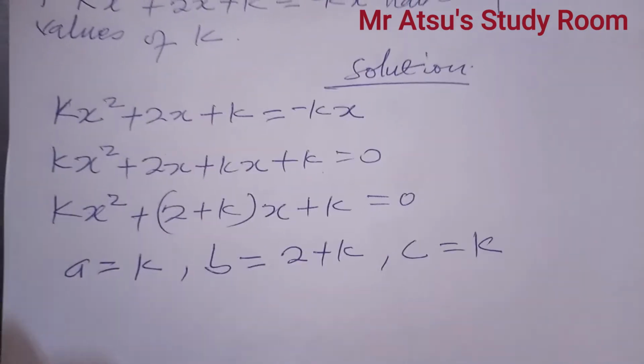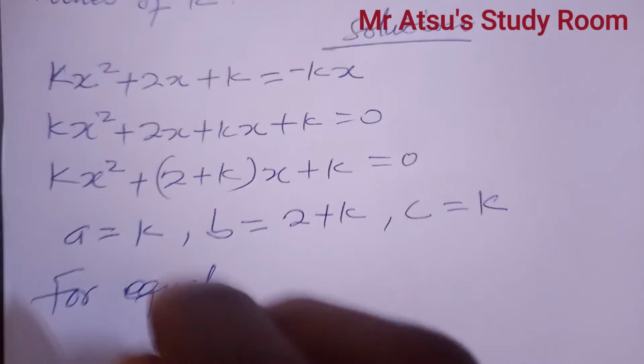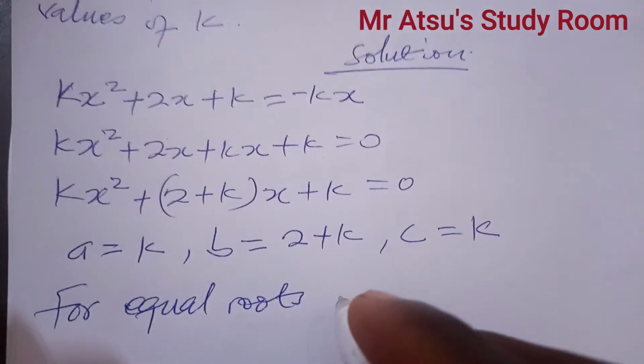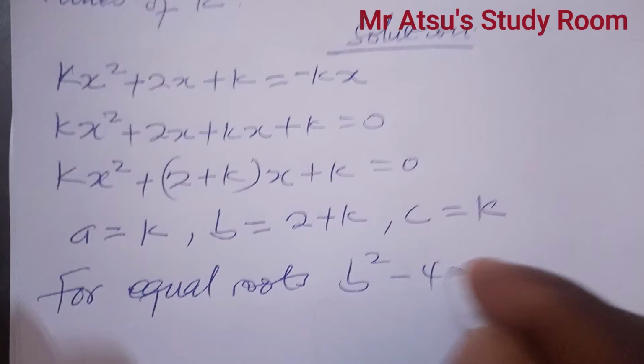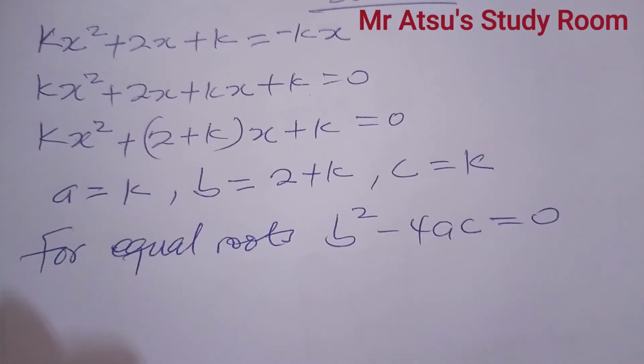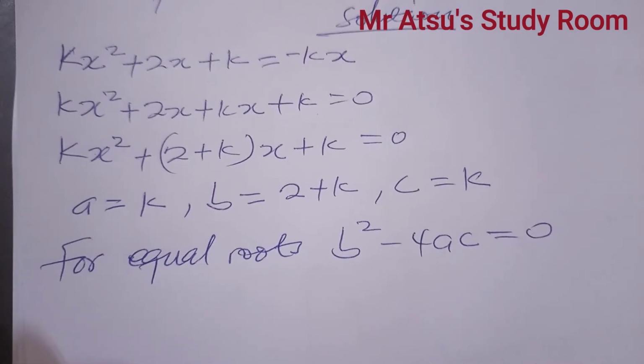All right. And then we know that for equal roots, b squared minus 4ac should be equal to 0.